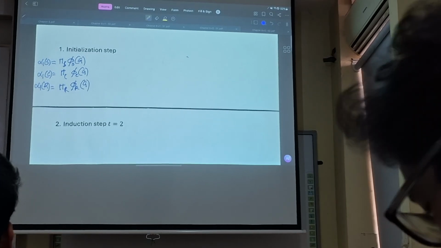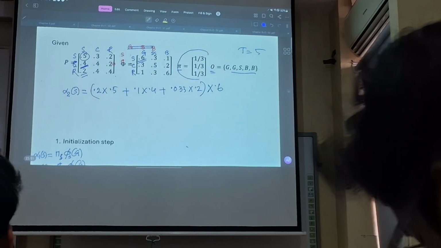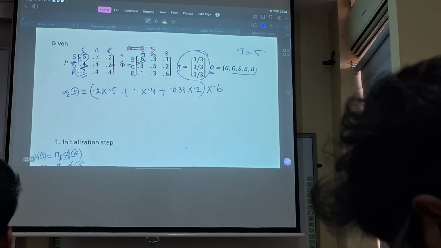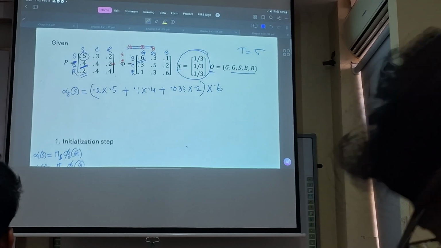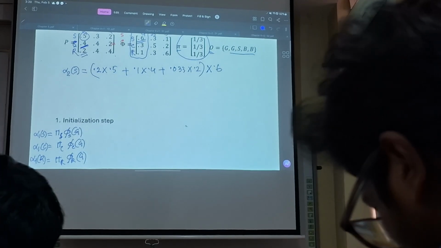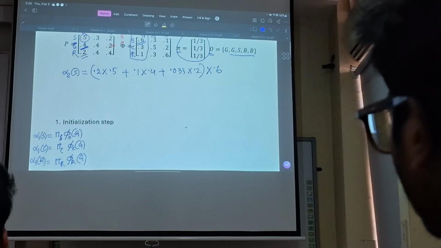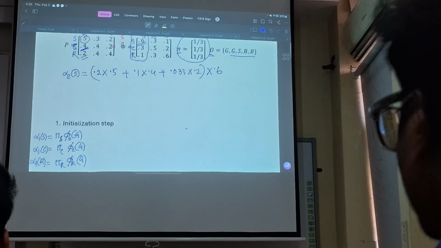Right? Now, if we define this one phi, and if we consider this column, then these values are simply what? The product of the corresponding entries in the two vectors.